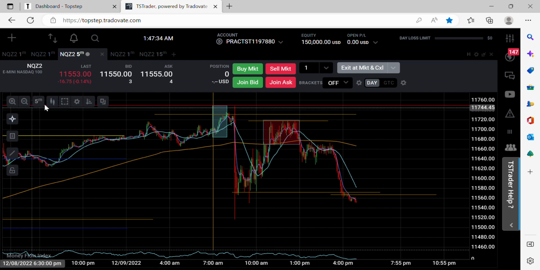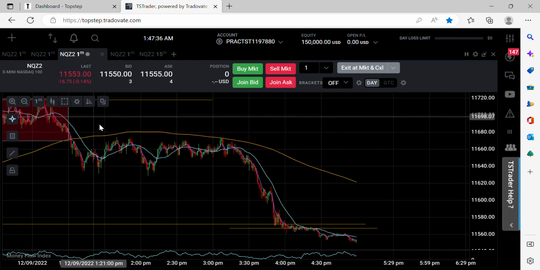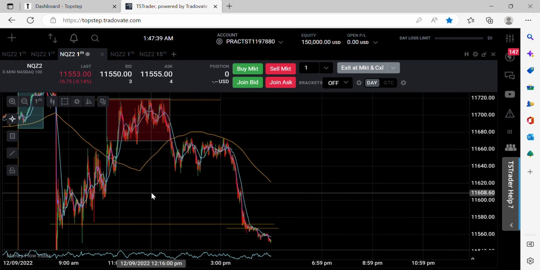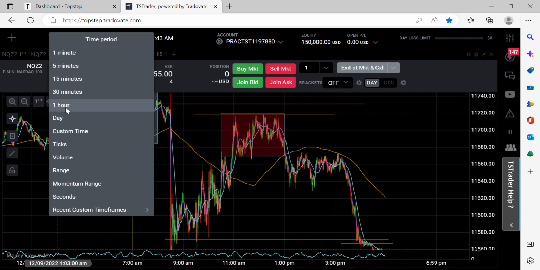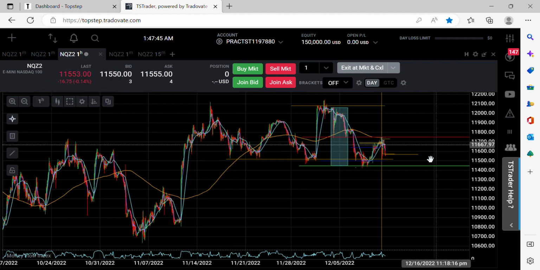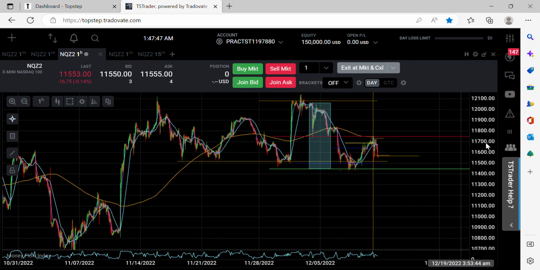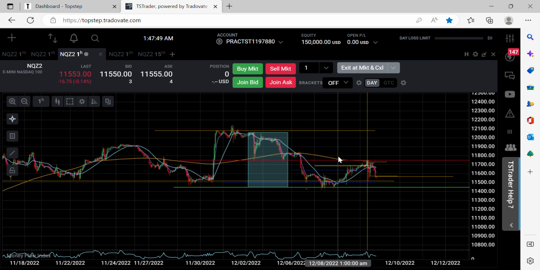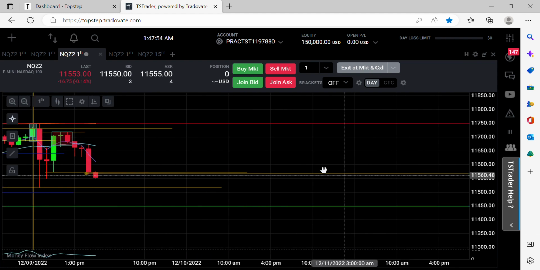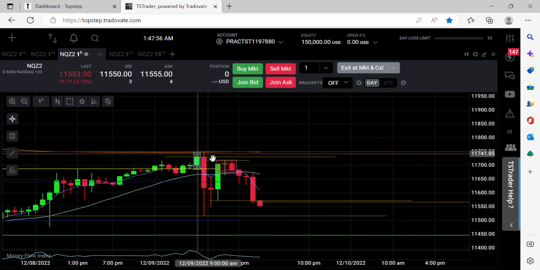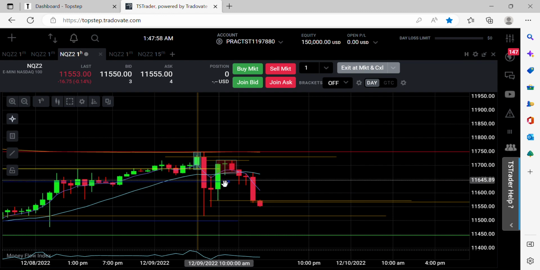And that's multiple time frames. You want to trade the 1 minute, you could trade the 1, you could trade the 5, 15. The hourly, I'm not really a fan of trading the hourly, but let's look at it. Bang.